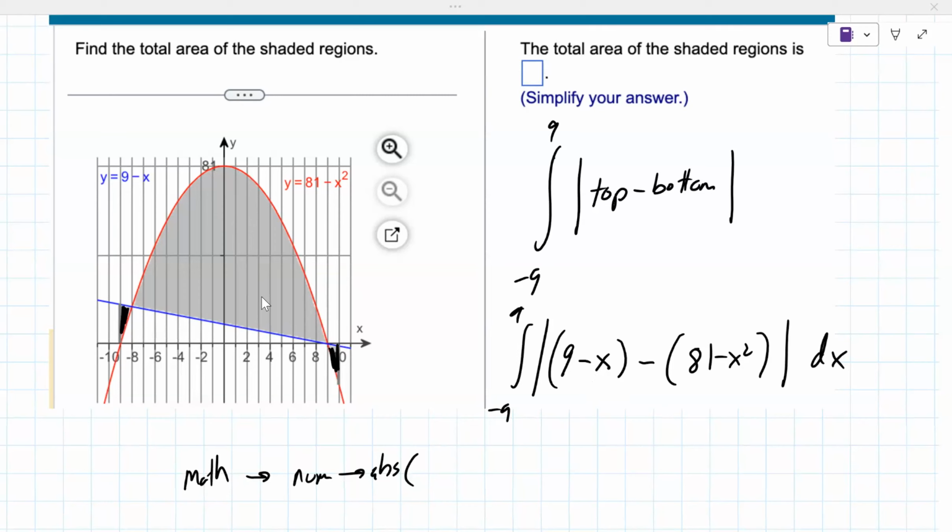Take a look here. If we just say 18 times something, it should be around 1200-ish. What did you get, eight something? 827.6, but it's continuing. Okay, so that's when you do a math enter.